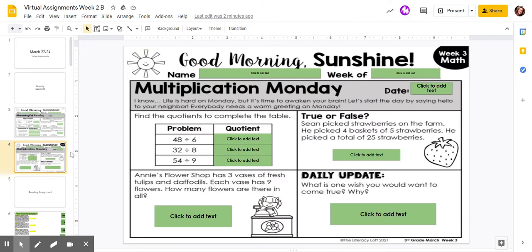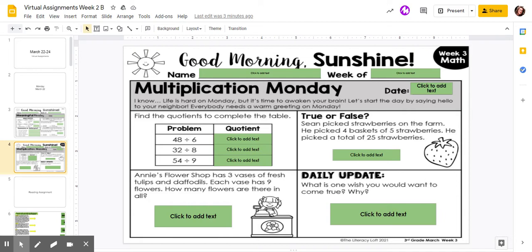For Multiplication Monday, all of these problems are going to either be multiplication or division. So a quotient is the answer to a division problem. So if you're thinking 48 divided by 6 equals what, you can also think what times 6 equals 48. So you can count by sixes until you get to 48.